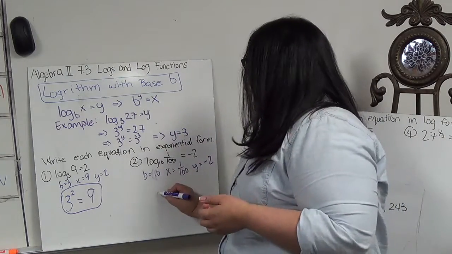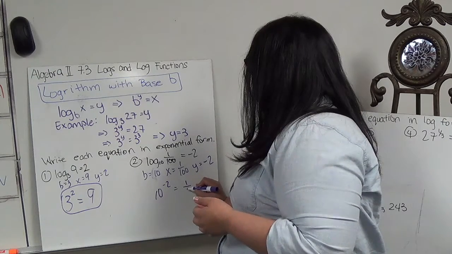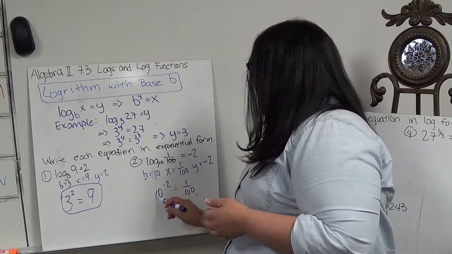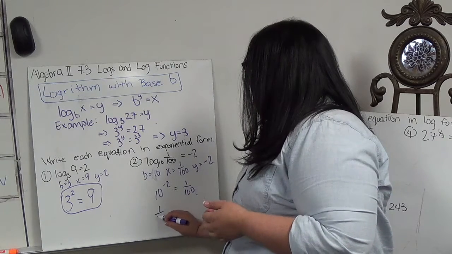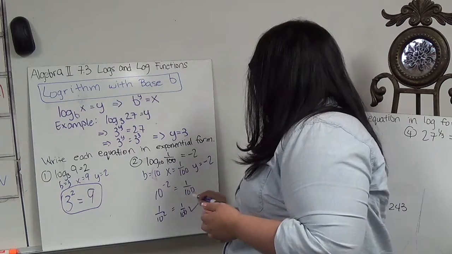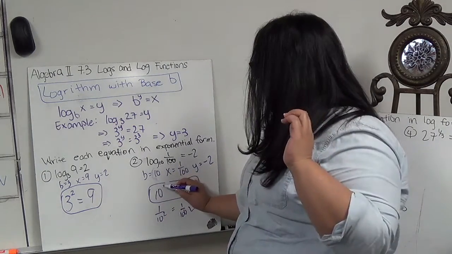So I do 10 to the -2 equals 1 over 100. Right, so let's check. 10 to the -2 is 1 over 10 squared, which equals 1 over 100. Ding, ding. This is then our answer.